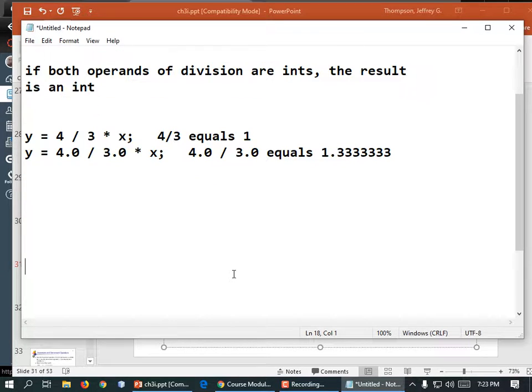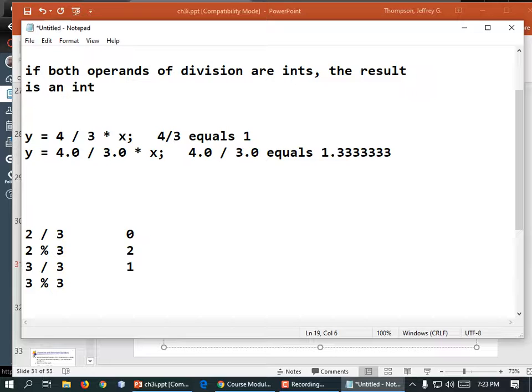So if we have 2 divided by 3, that's 0. 2 modulus 3, well, 3 went into 2 0 times with a remainder of 2. 3 divided by 3. What's 3 divided by 3? 1. So 3 modulus 3.